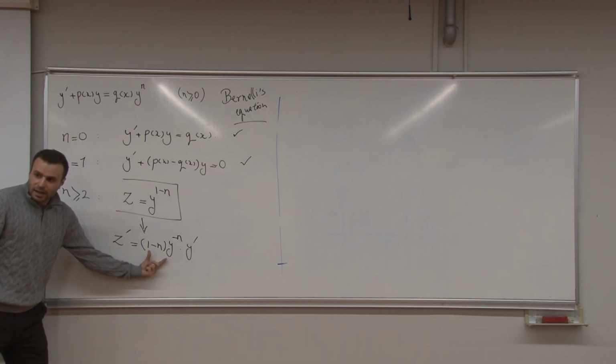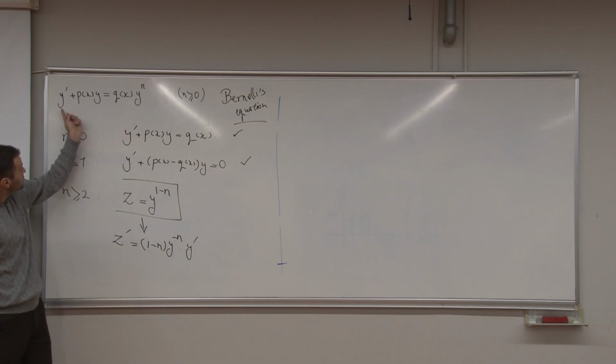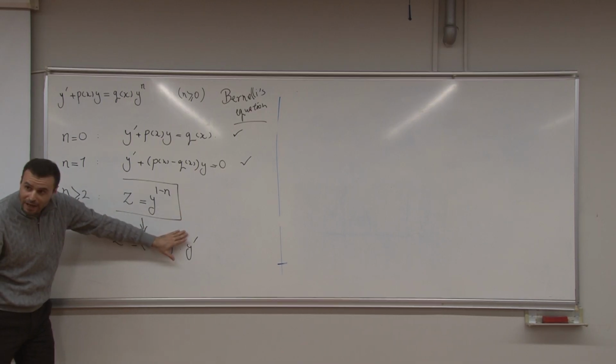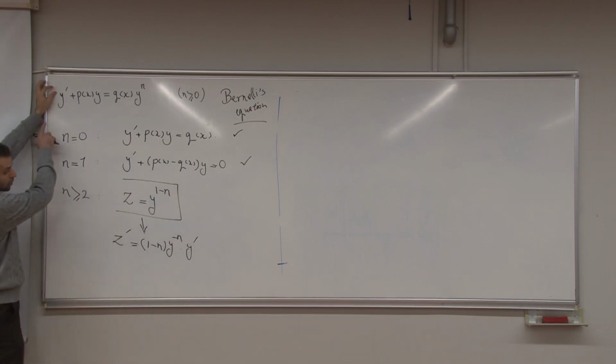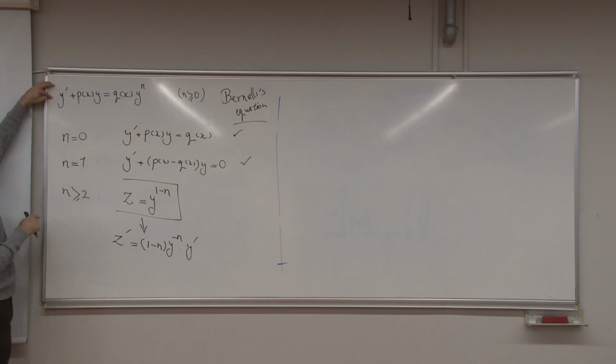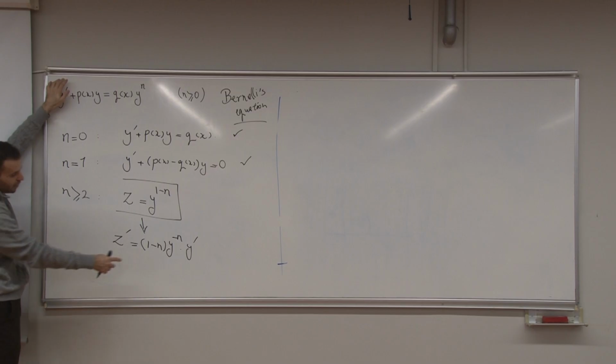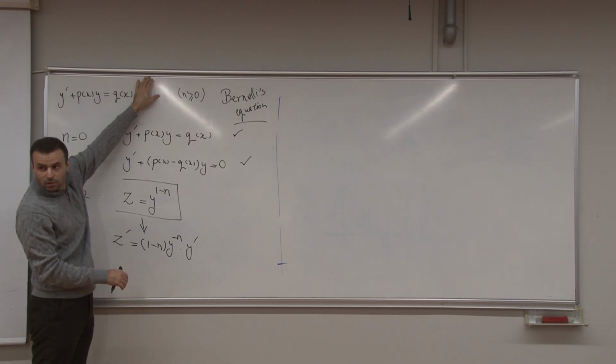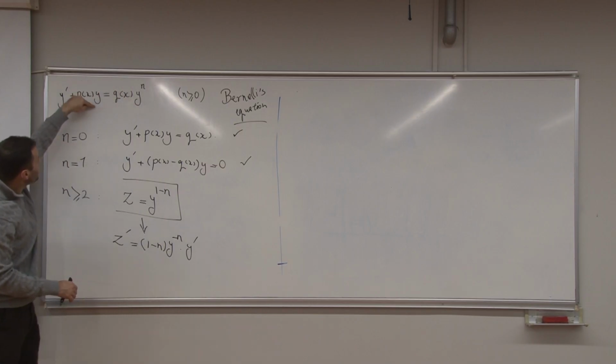If we multiply both hand sides of this equation with y to the power of minus n, what is going to happen? The power will be 1. Yes, y to the power of minus n times y prime is here, which I'm going to replace with z prime divided by this. And here, this is also getting cancelled. What do I have here?